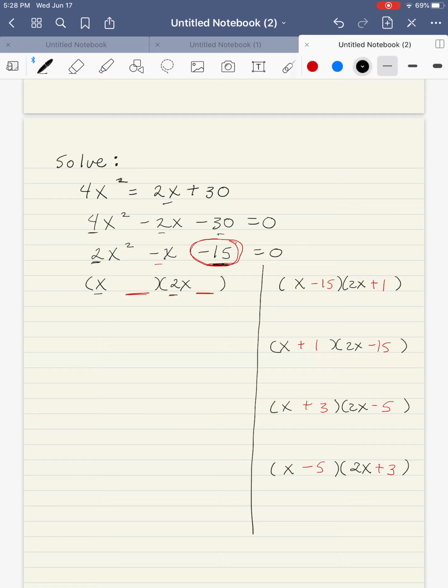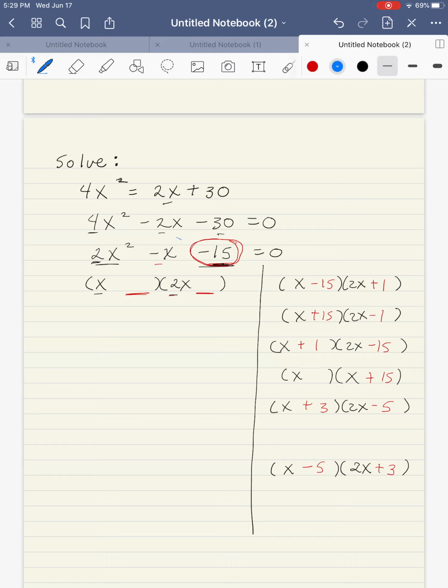For instance, I could have positive 15 and negative 1, or negative 1 and positive 15. But in each case, the first part is the same. We already know that we have to have the x and the 2x. So I have a lot of different things that could possibly work to give me the 2x squared and the negative 15.